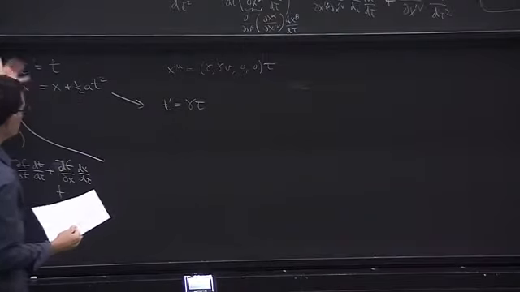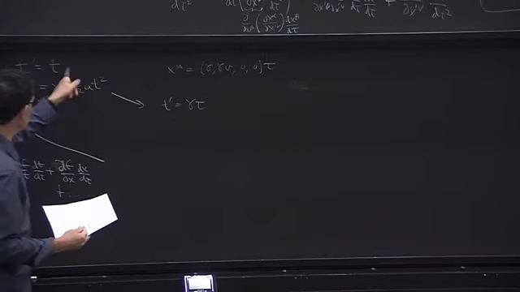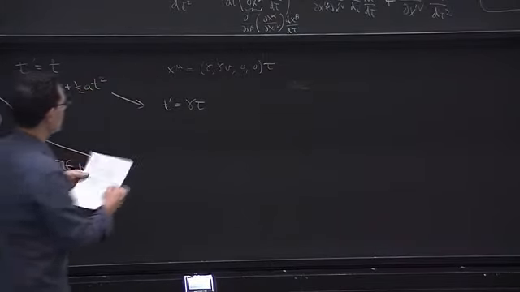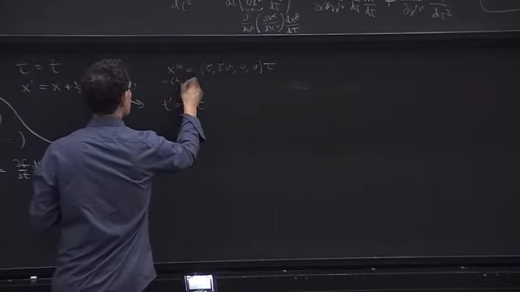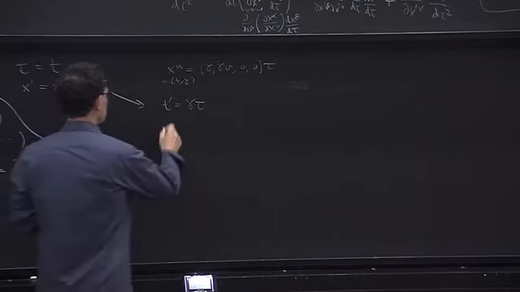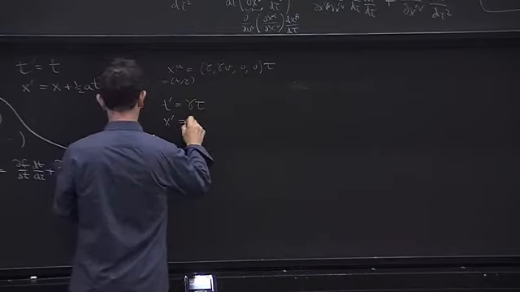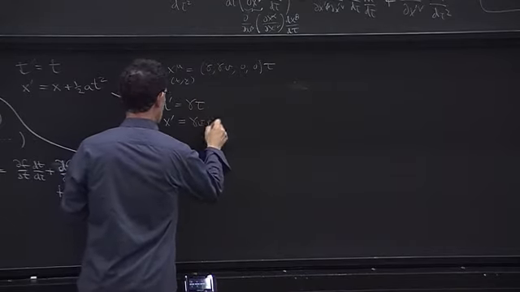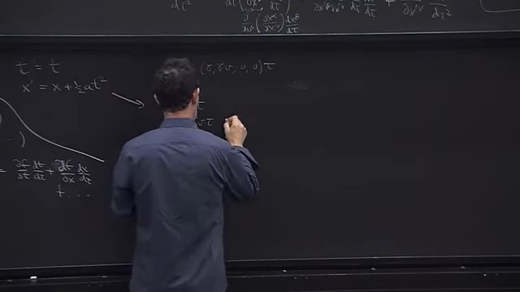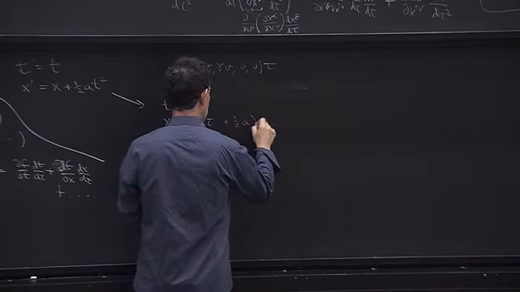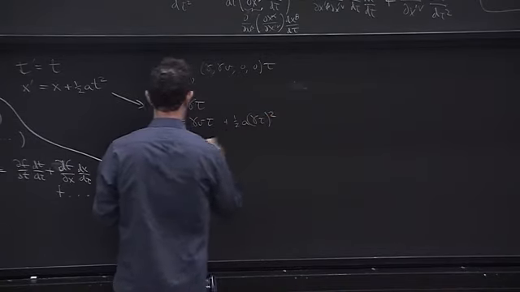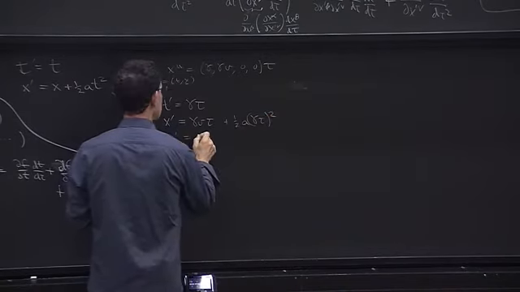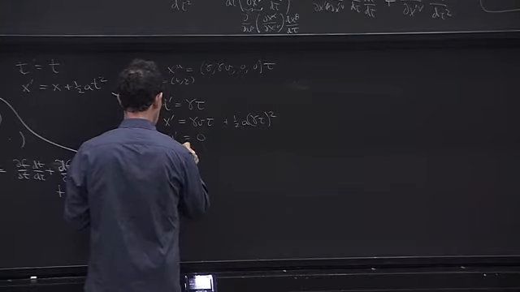I'm just taking this coordinate transformation and sticking in x^mu is t and x. And x prime is gamma v tau plus 1/2 a gamma tau squared. And then y prime is 0 and z prime is 0.